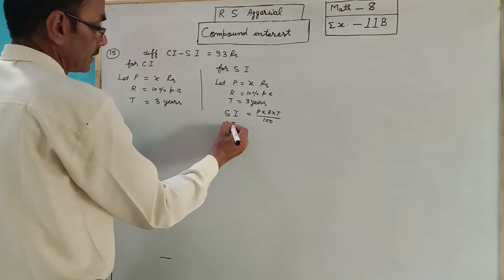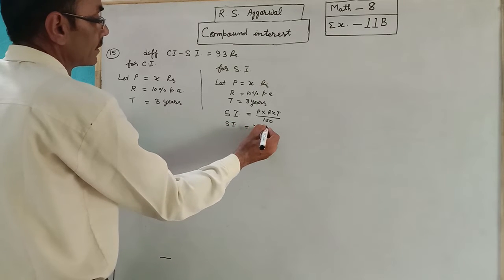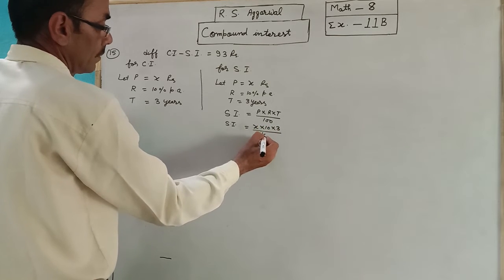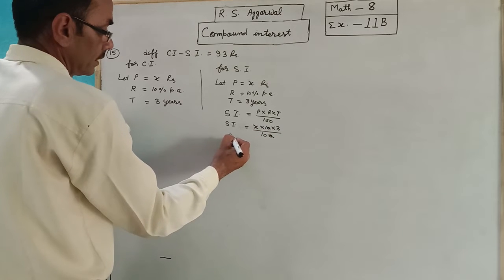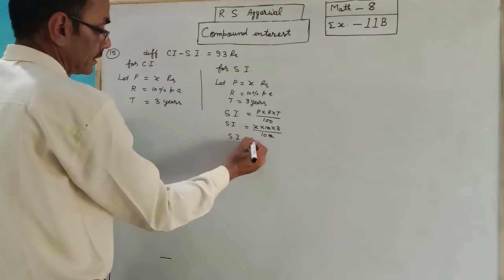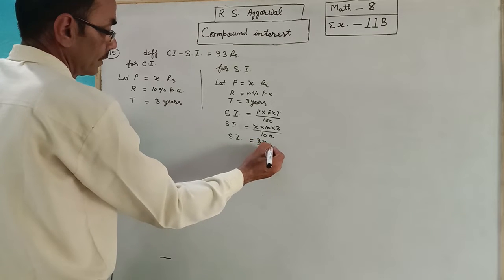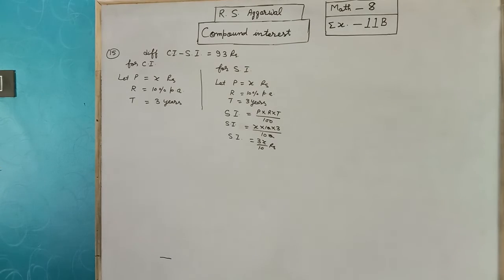Simple interest will be x into 10 into 3 upon 100. SI will be 3x upon 10 rupees.